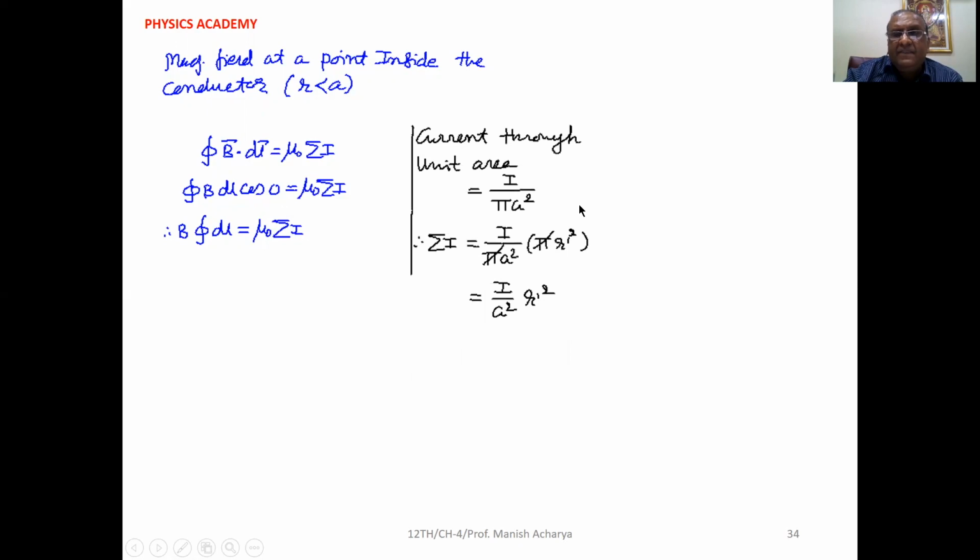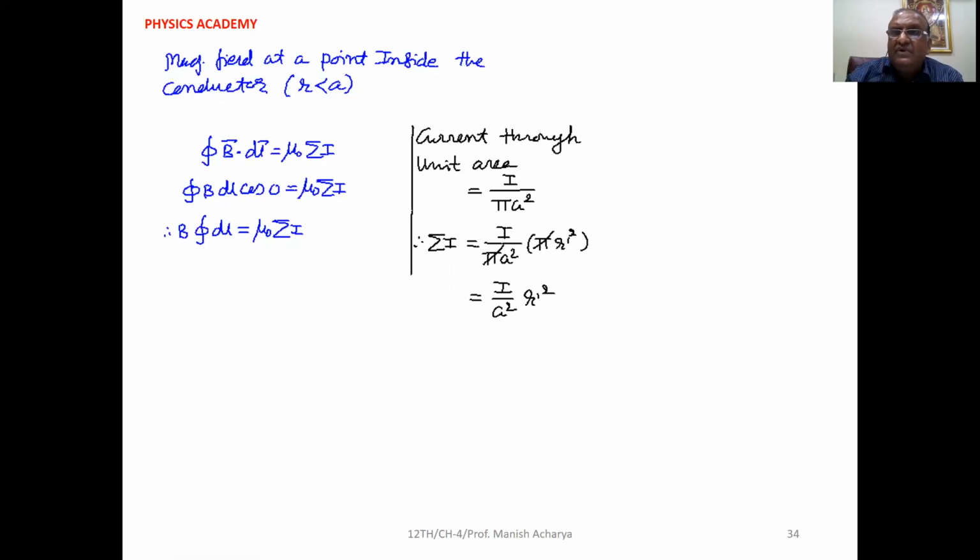Now see, total current I is uniformly distributed over the entire cross section of the conductor. The cross sectional area of the conductor is pi a square. So total current I is uniformly distributed over the cross sectional area pi a square.